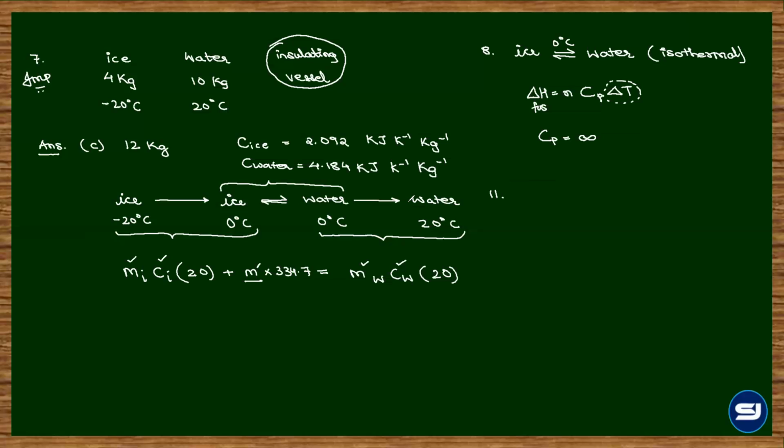What relation you will use? Delta G is delta H minus T delta S. Delta G naught is equal to delta H naught minus T delta S naught.